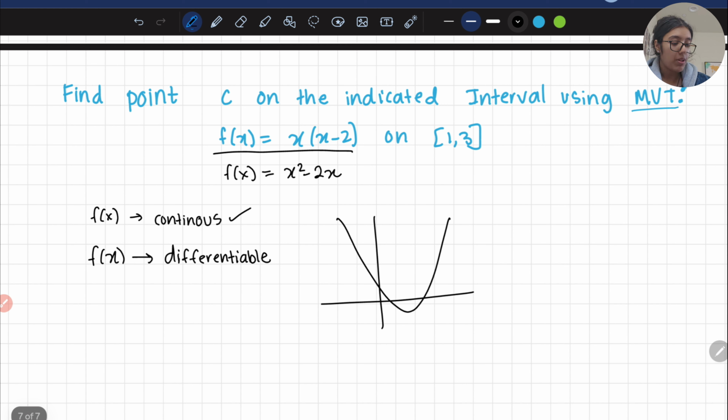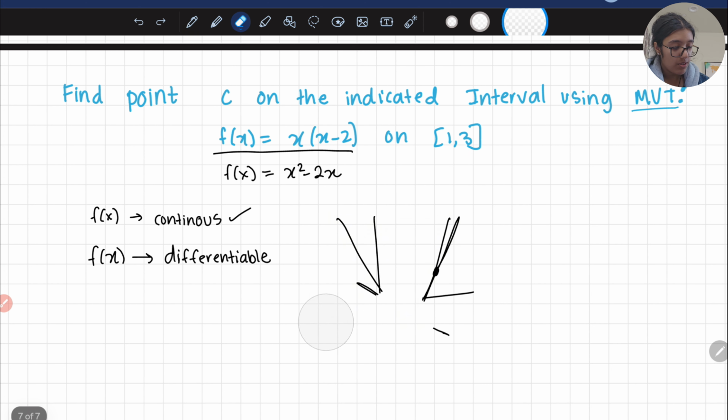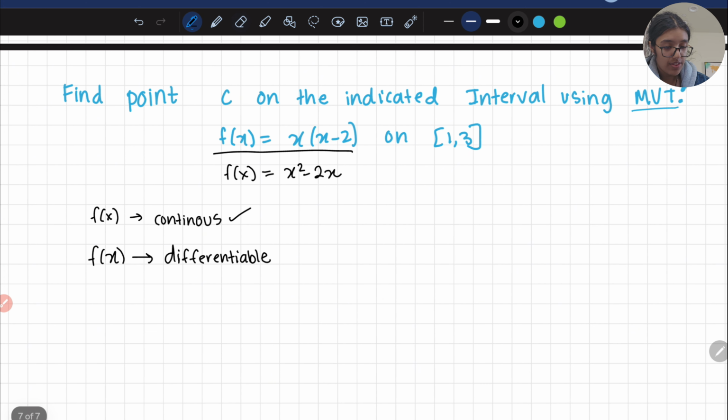From this parabola, we can see that no matter where our point is, we can always draw a tangent to it, no matter what the domain is. So if we just shrink that domain to 1, 3, it should still be differentiable. That checks off this box. There are no holes, no cusps, no corners, no asymptotes. So in this case, it is continuous and differentiable.